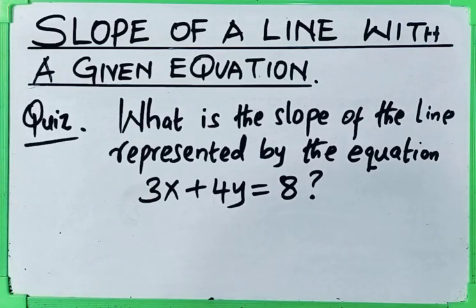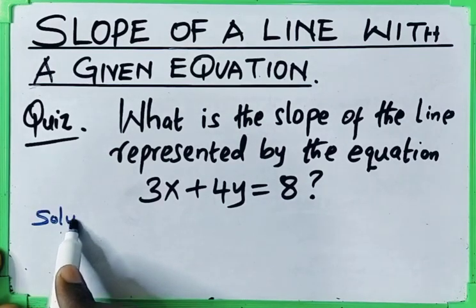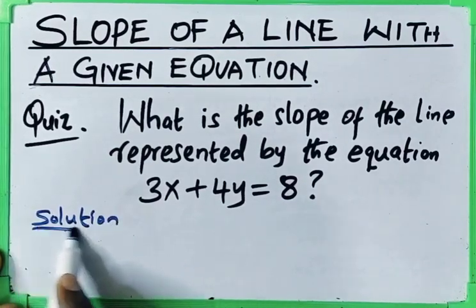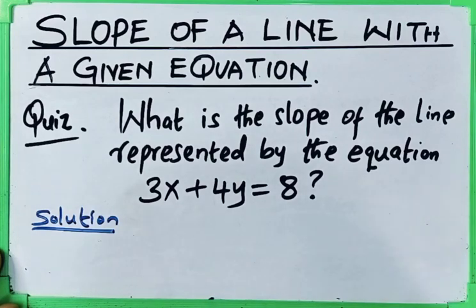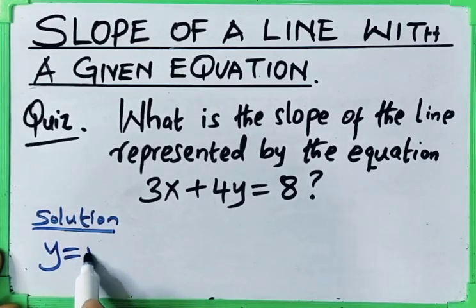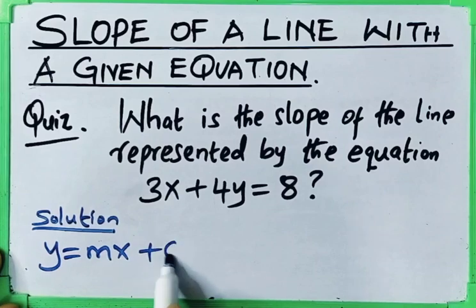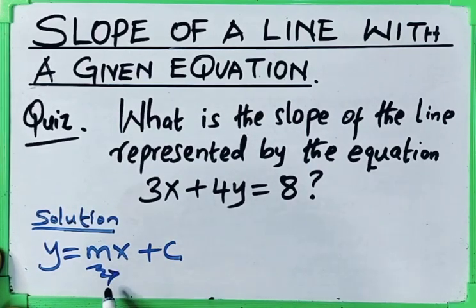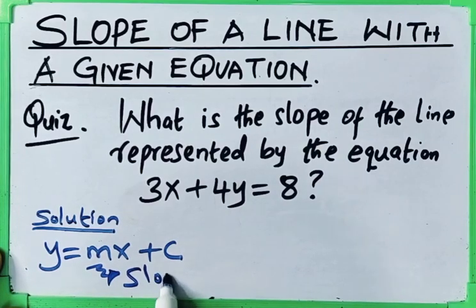I have definitely given you some insight and told you that the first thing when you're solving for this, you must write the given equation in the form y is equal to mx plus c, so that in that process you'll be in a position of getting m, which is the slope.